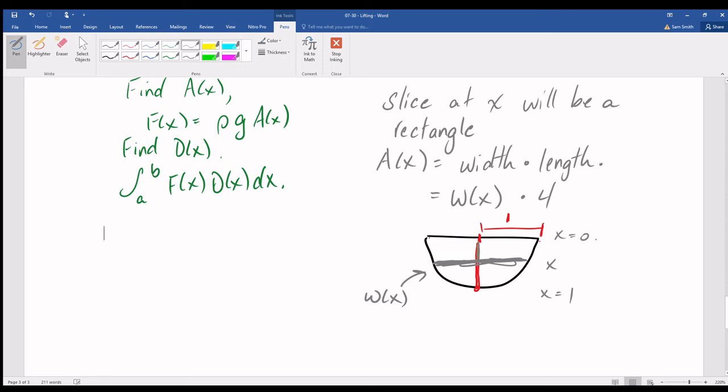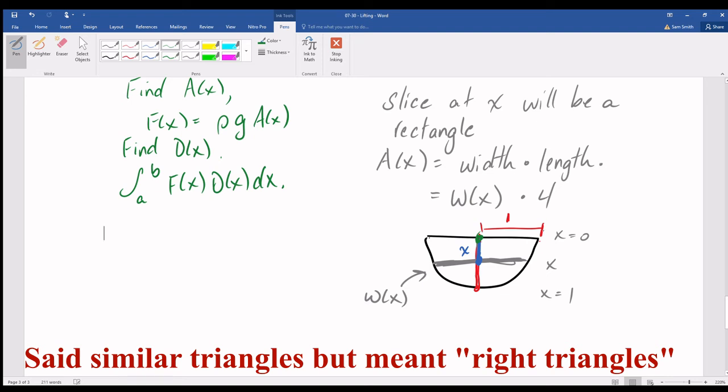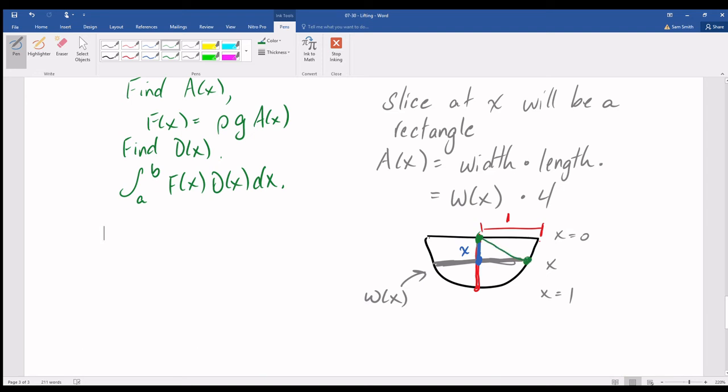Now, because the difference between 0 and x is indicated by this small line segment here, we can use some similar triangles by extending a line first from the center of this trough to the edge of this rim here. Now, notice that the width of this slice forms a right triangle. I should say half the width of this slice, because we're only dealing with the right half.